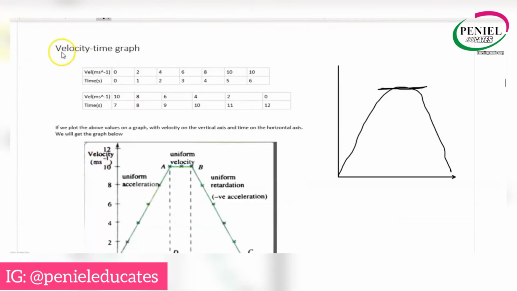Okay, before we move to the velocity-time graph, let us look at the distance-time graph. Let's say we measure the distance covered by a moving object at known time intervals, say 2 seconds, and we plot the values of the distance on the y-axis.